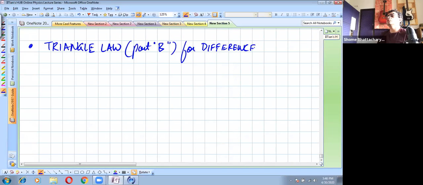So if you want to find the difference of two vectors, let's say C is A minus B.